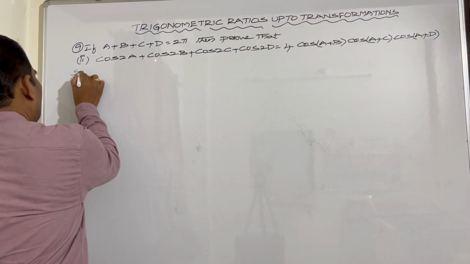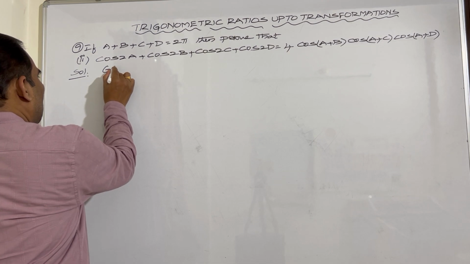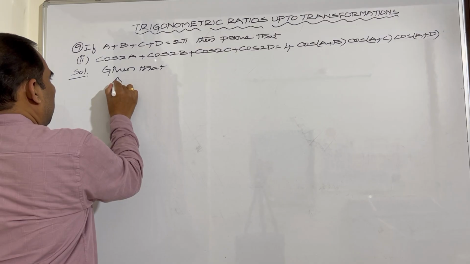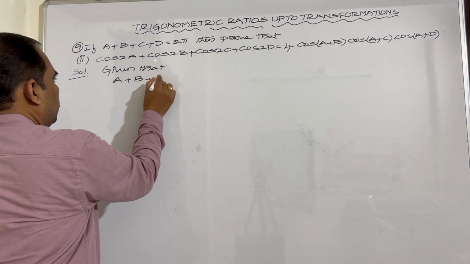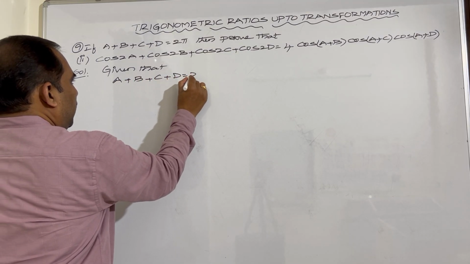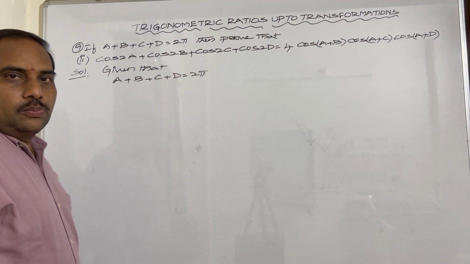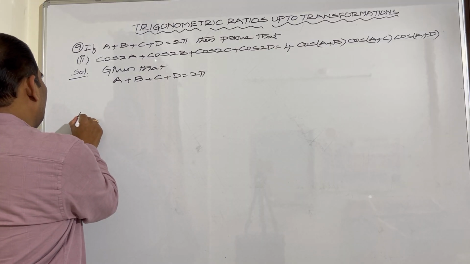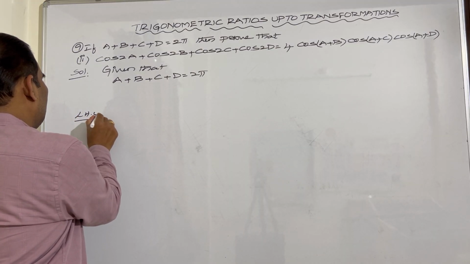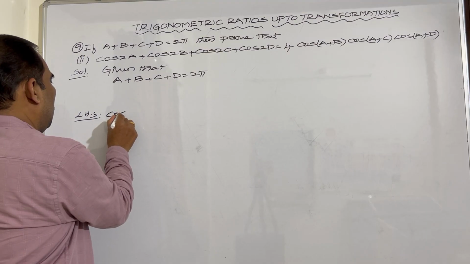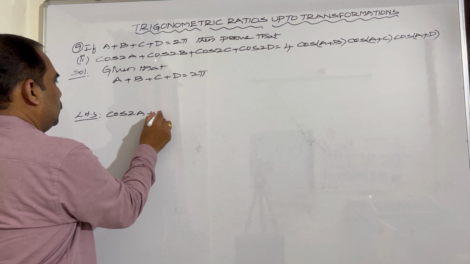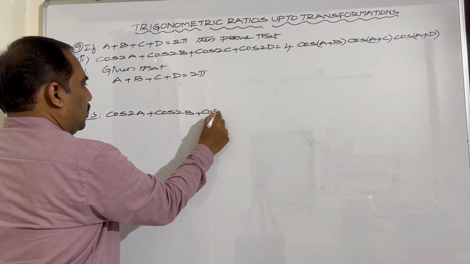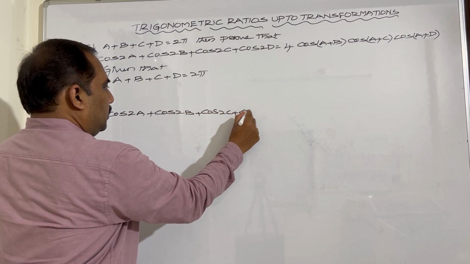Now, in the solution, given that a plus b plus c plus d is equal to 2 pi. Taking the LHS here, we have cos 2a plus cos 2b plus cos 2c plus cos 2d.